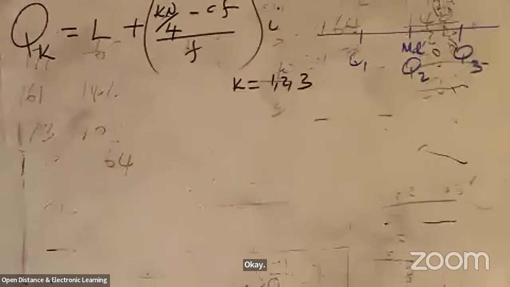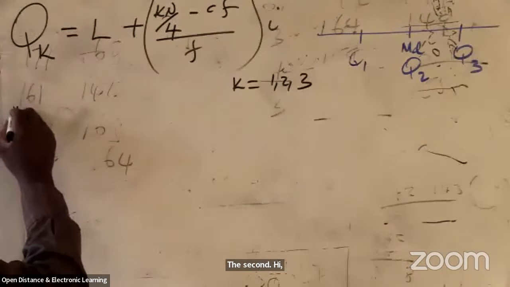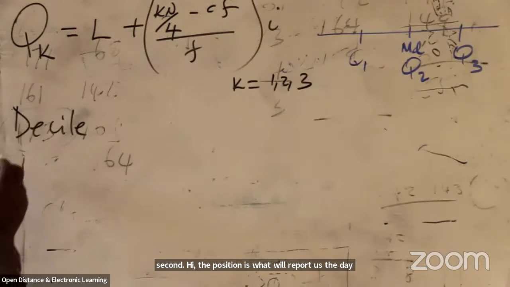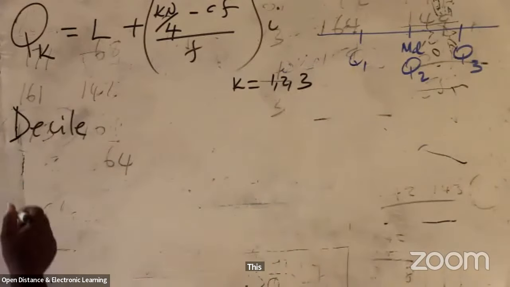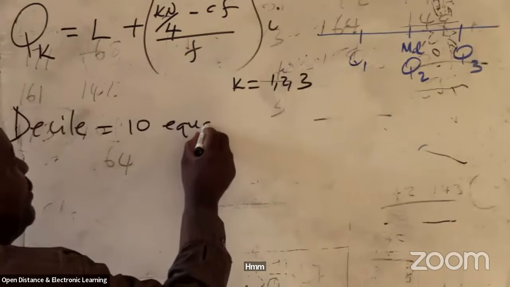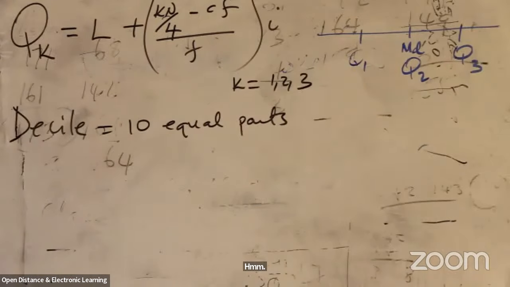The second other measure of position is what we refer to as the decile. Deci means 10. And therefore, when you talk of the decile, this divides a given set of data into 10 equal parts.